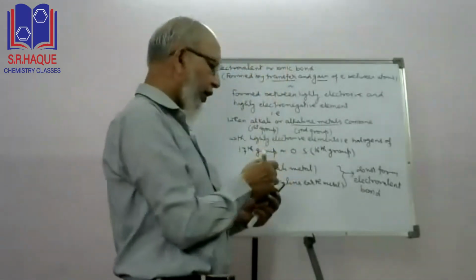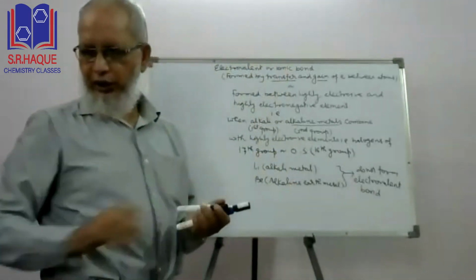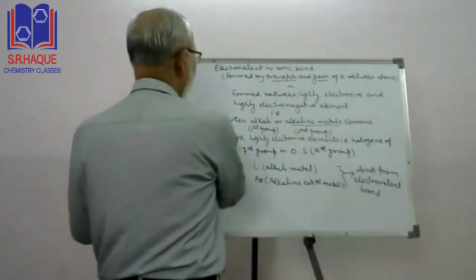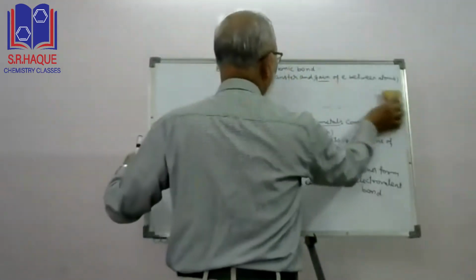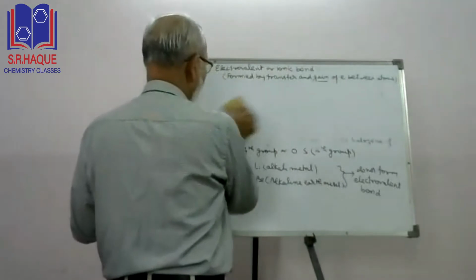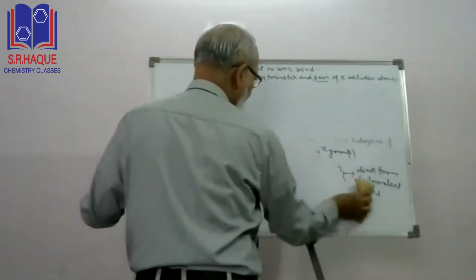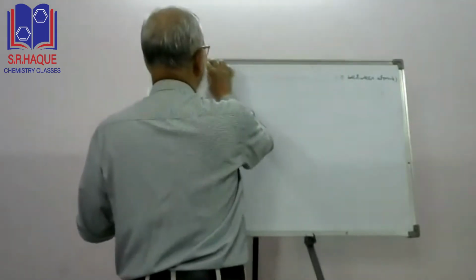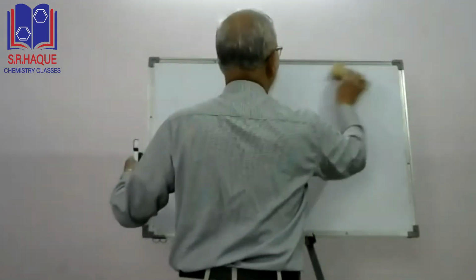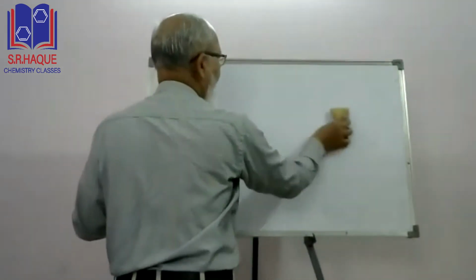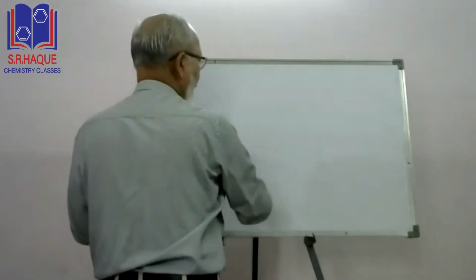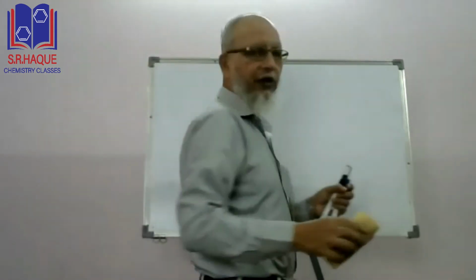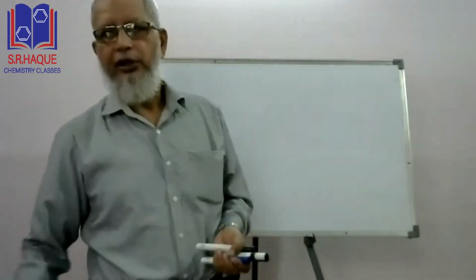Now let us see how the formation of electrovalent or ionic bond takes place. I have told you that this type of bond is formed by the transfer and gain of electron, and the atom which is transferring electron will be electropositive in nature. That is, it will have the tendency to give the electron, and the atom which is gaining electron will have the tendency to accept the electron.